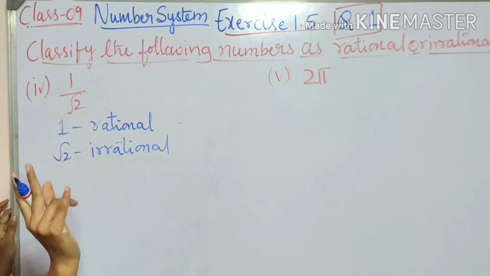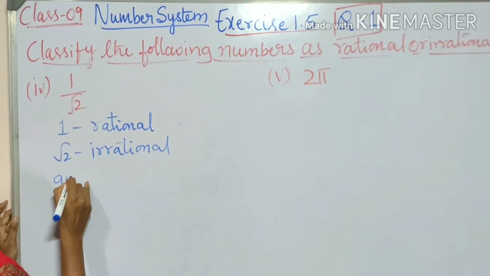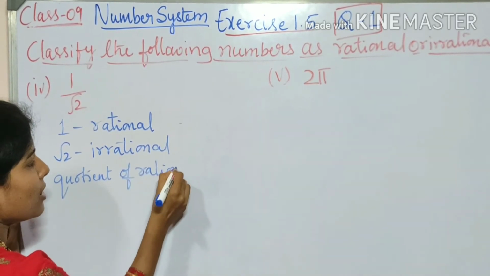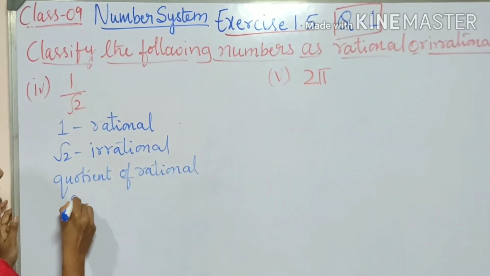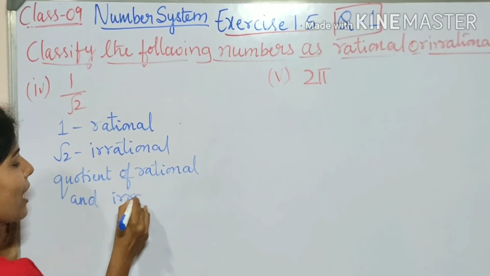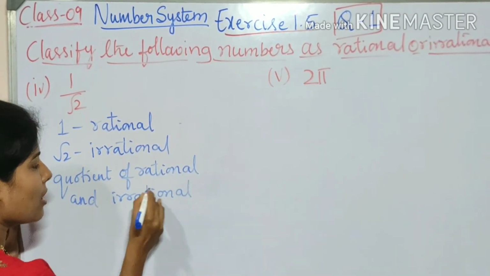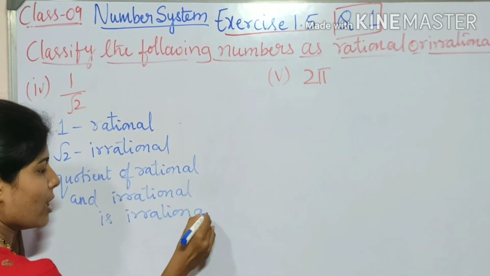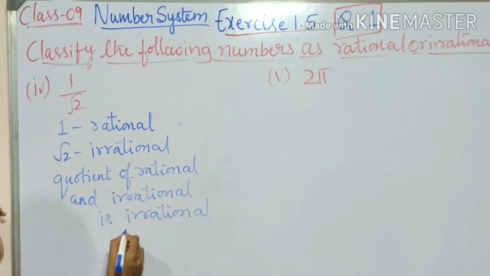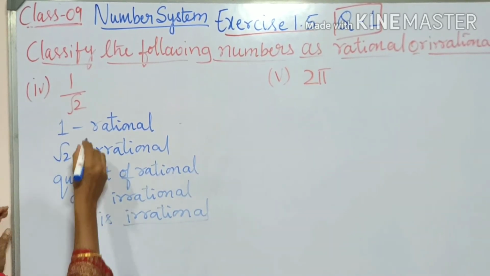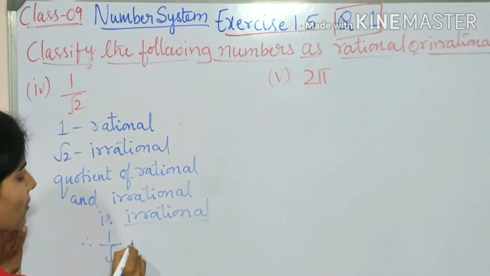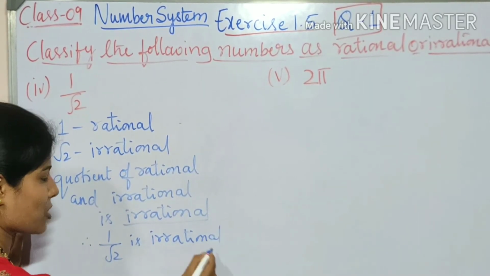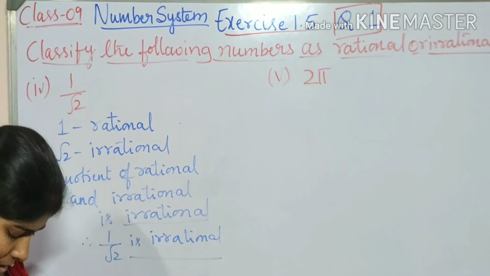By our point number 2, the quotient of rational and irrational is irrational. Therefore 1 by root 2 is irrational.